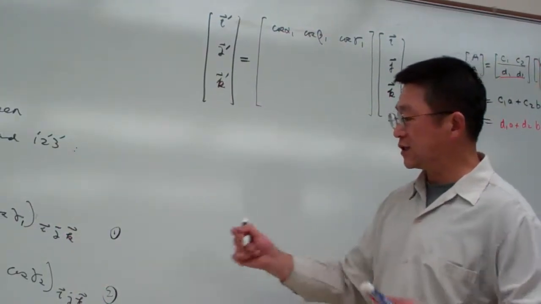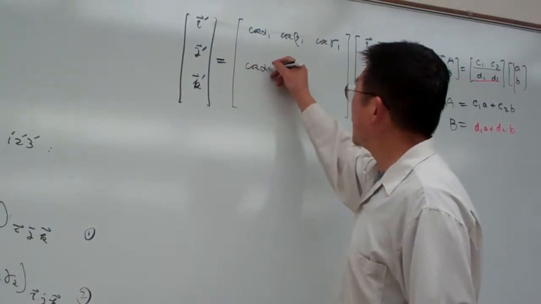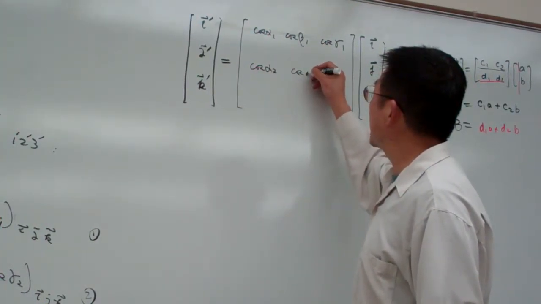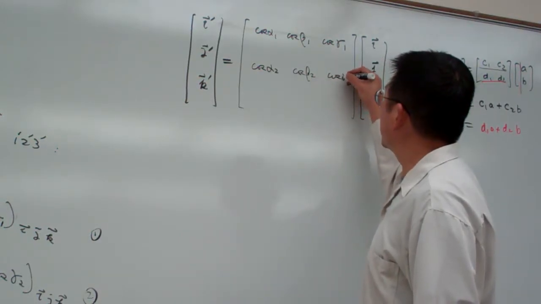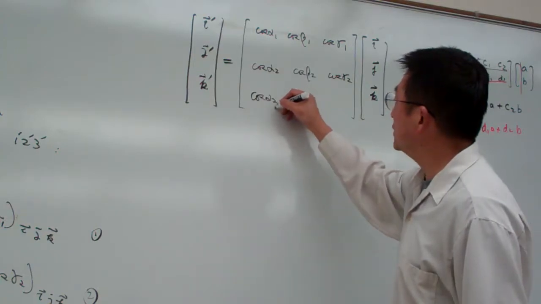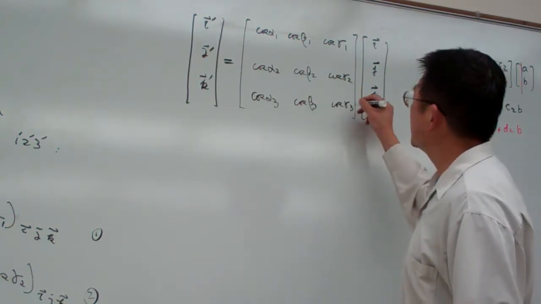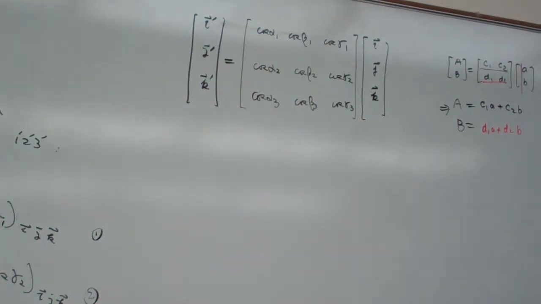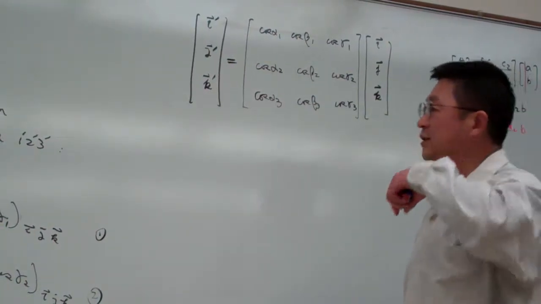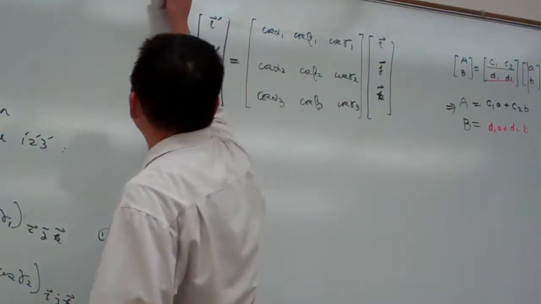Basically the second equation for J is cosine alpha 2, cosine beta 2, cosine gamma 2. For the third equation, cosine alpha 3, cosine beta 3, cosine gamma 3. We good? For this case, let me define what is given and what you could find.